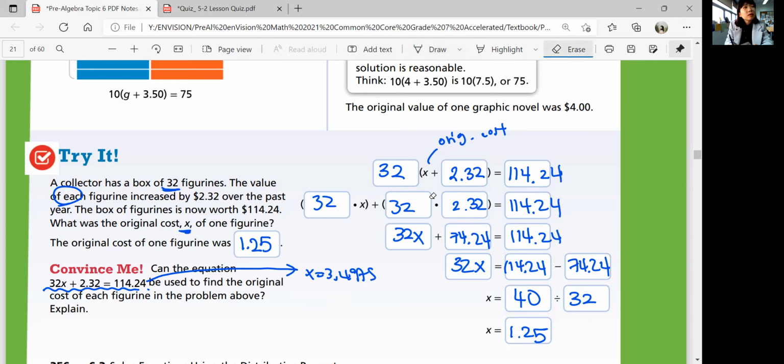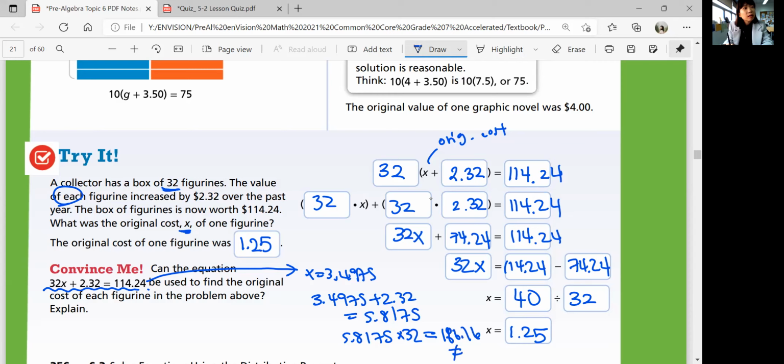So if that was the original price, if you add 2.32, because that's how much you increased, that's 5.8175. And if you multiply 5.8175 by 32, do we still have 114.24? No, 186.16. So 186.16 is not equal to 114.24.